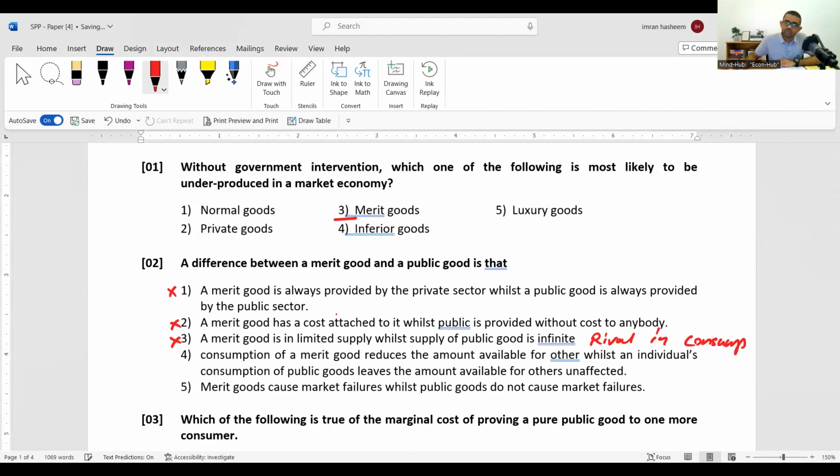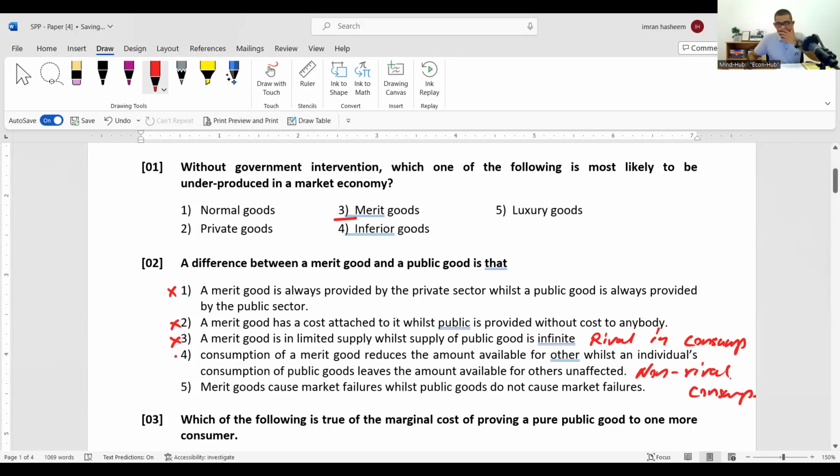That is true, because remember I said in the beginning, merit and demerit both are private goods. They are rival in consumption. An individual's consumption leaves less available for the others. Public goods leave the amount available for the others unaffected. So it's non-rival in consumption. So yeah, that fits a bit, right? We'll put a pin on that.